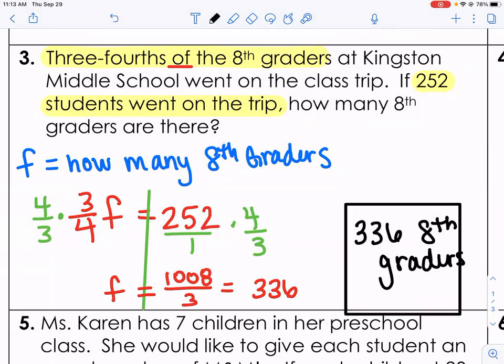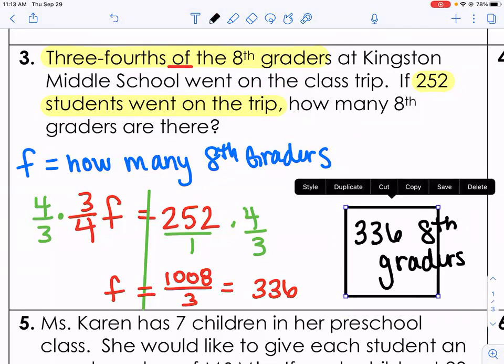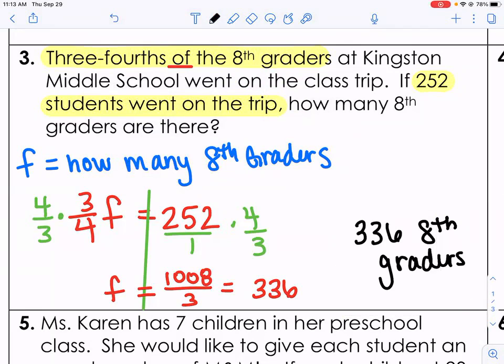Well, how many 8th graders? So there was only 3/4 of the 8th grade class. So if this is the total of 8th graders, Tyler, 3/4 of that was the 252.